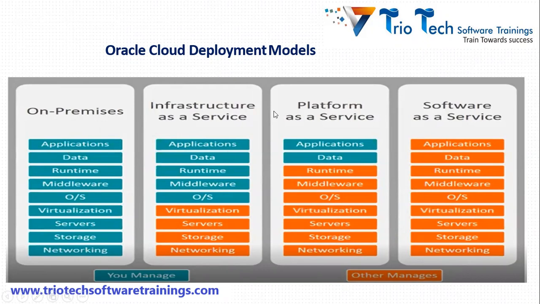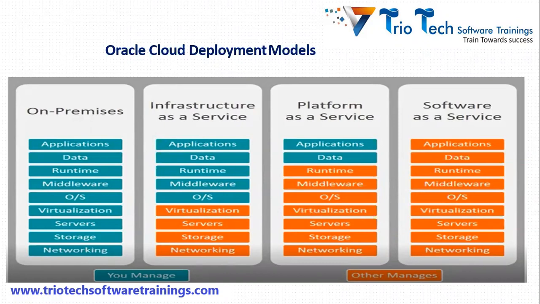But in case of cloud, these are the deployment options. First is SaaS, software as a service. Software as a service means all the applications that Oracle provides as part of their ERP or EPM applications. All of them are categorized as software as a service.